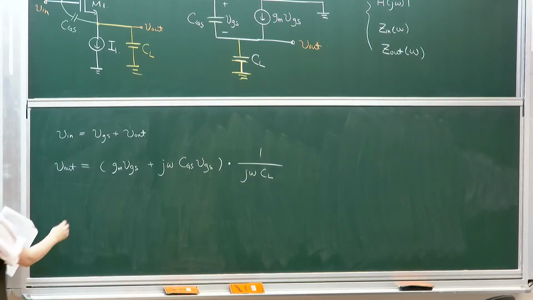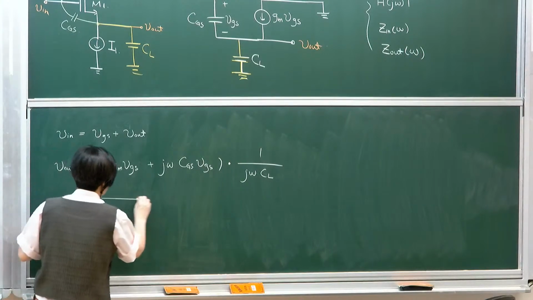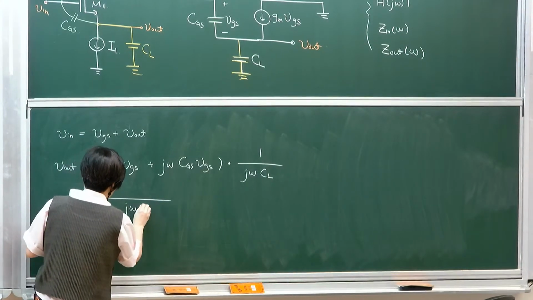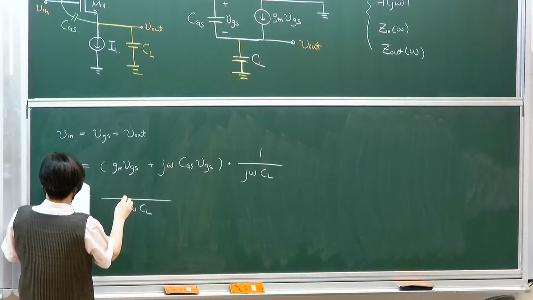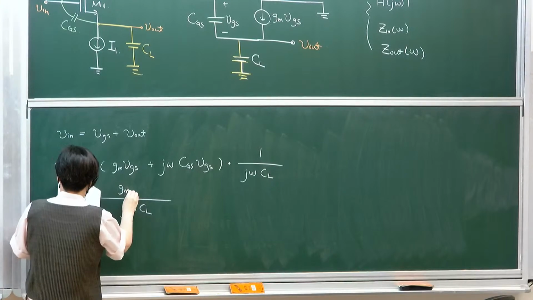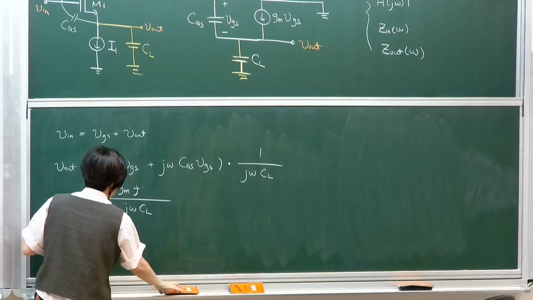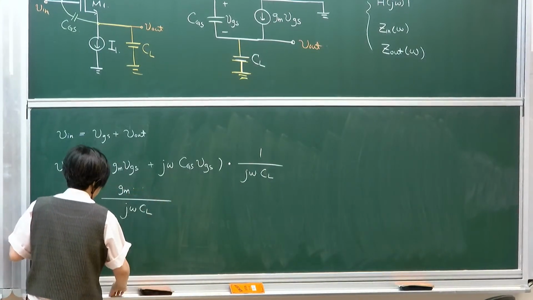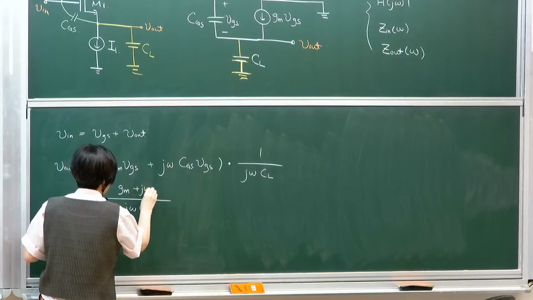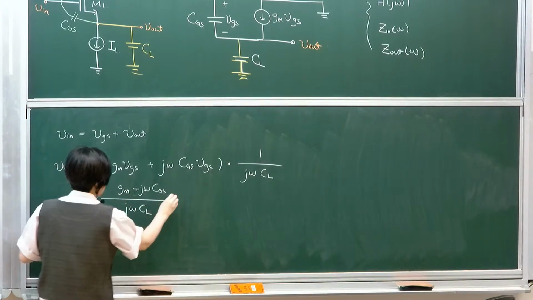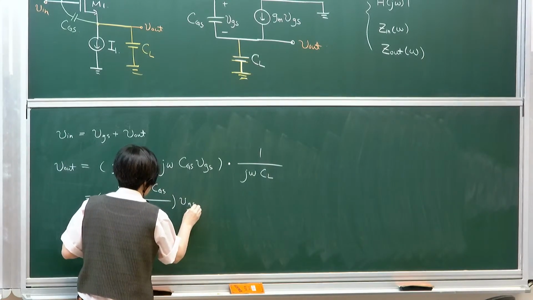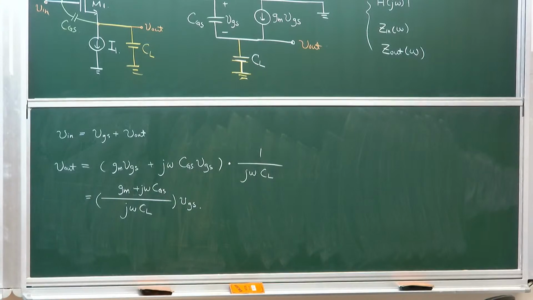Then I can rewrite my characteristic as VL equals (gm plus j omega CGS) VGS divided by j omega C load. You want to express your output in terms of VGS, and express your input in terms of VGS.